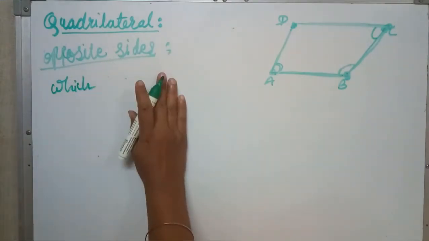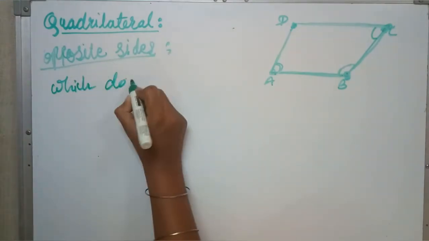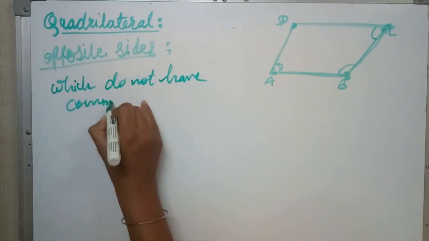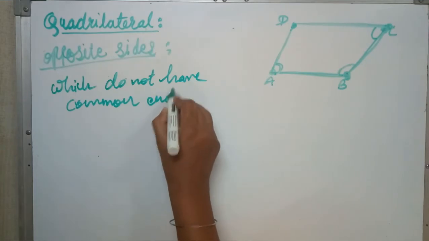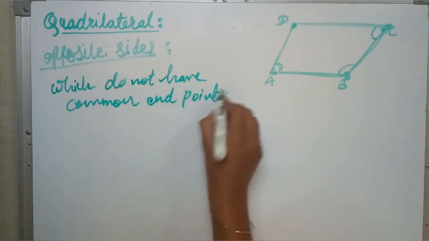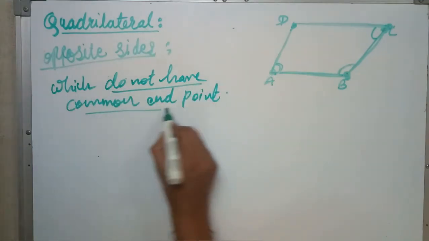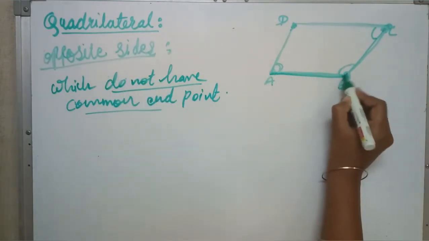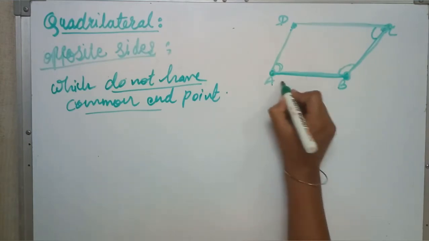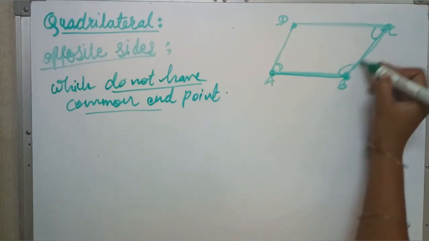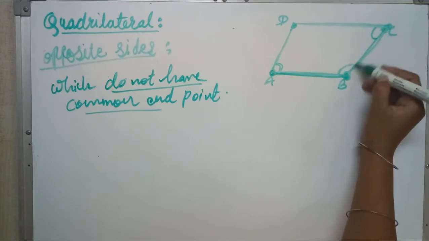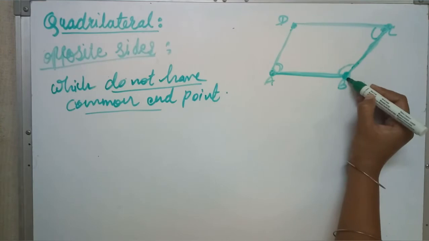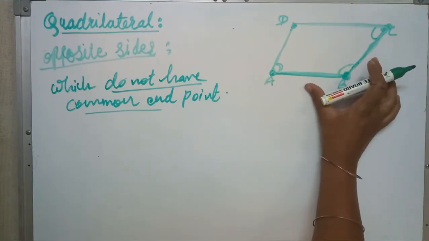Now, opposite sides are sides which do not have a common end point. Opposite side means, now AB is a side, and AB and BC have a common end point, which is B. That's why these two sides are adjacent sides.